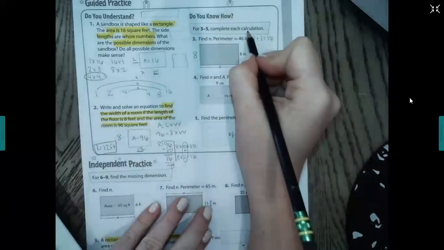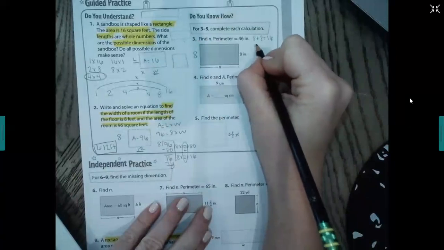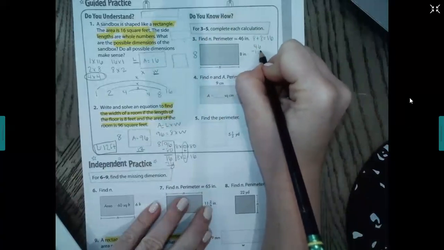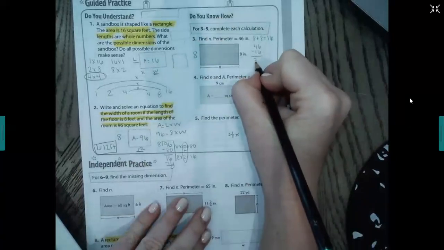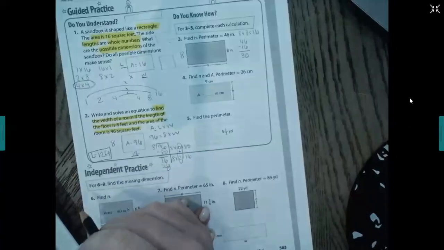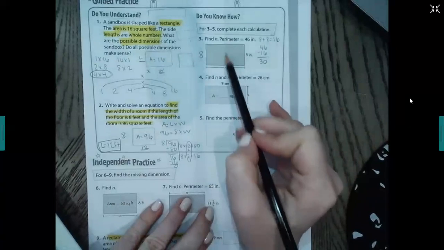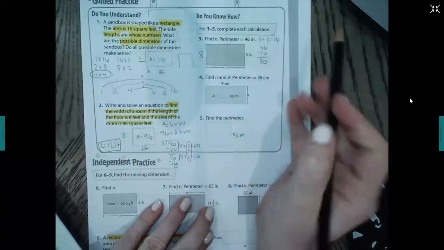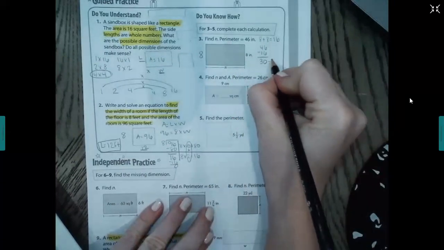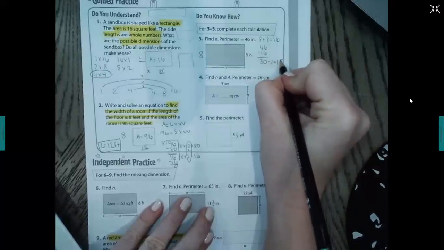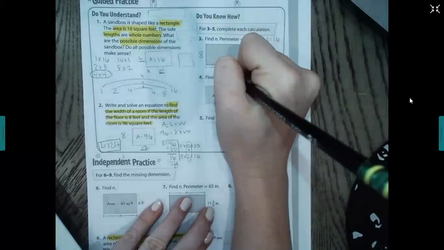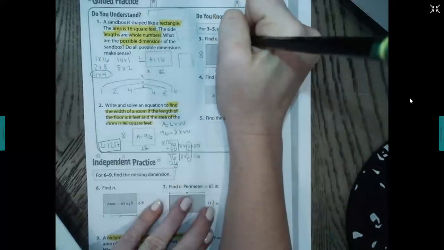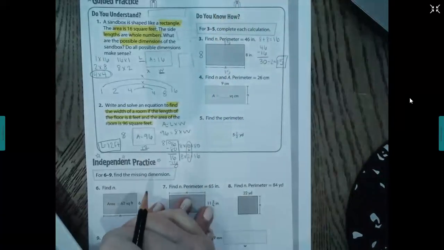I have to find what's left. I know my total is 46. 46 minus 16 is 30. That means that both of these sides added together have to equal 30. So I'm going to divide that by 2, and I get 15. So each of these sides is 15.